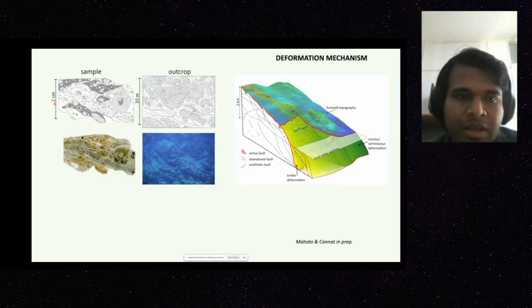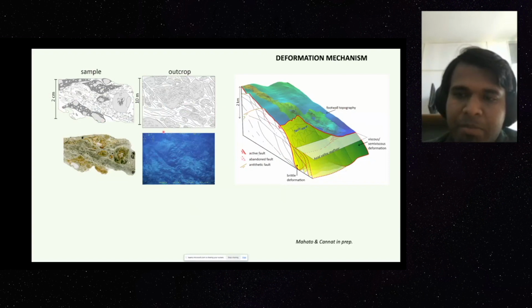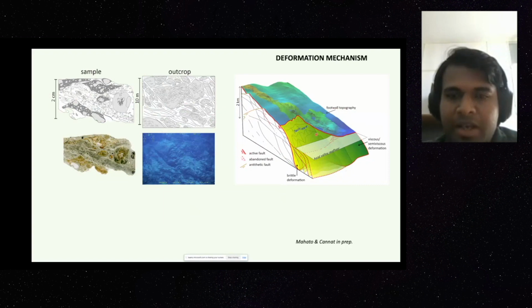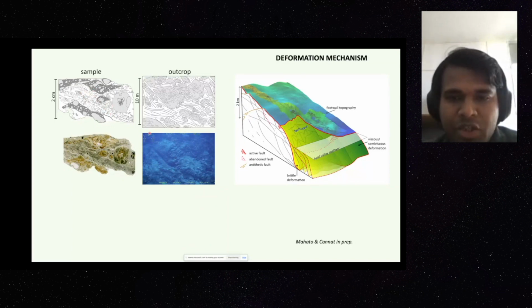So here the cartoons illustrate the similarities of the structures from sample to outcrop to kilometer scale detachment fault zone. In the sample scale, we see a variably thick and thin, highly sheared domain with variable clast sizes, which forms a block in the matrix texture.